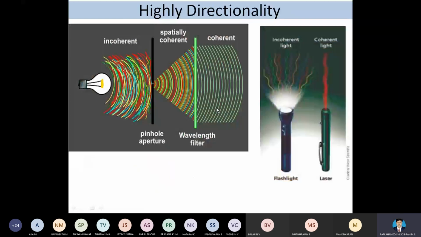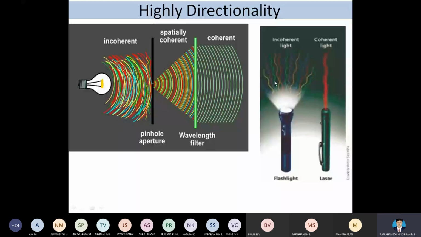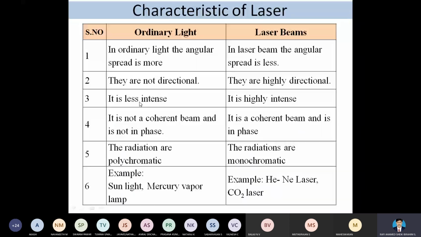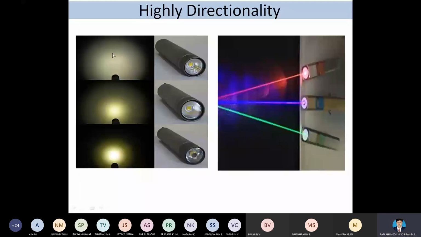They are not directional, but the laser is highly directional. Ordinary light is less intense, the laser is highly intense, because when we increase the distance, automatically the intensity will decrease. Ordinary light is less intense, the laser is more intense.